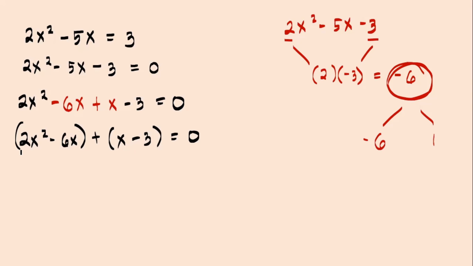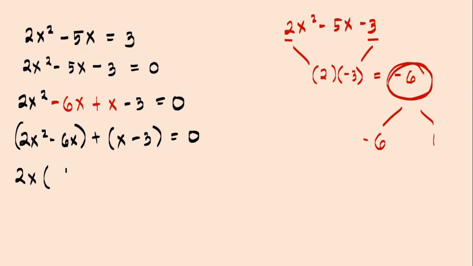Okay, so next, this 2x squared minus 6x. Meron siyang common factor or factorable siya. Okay, so ano yung common factor? Greatest common factor. That is 2x. Okay, yung 2x squared at yung 6x are both divisible by 2x.